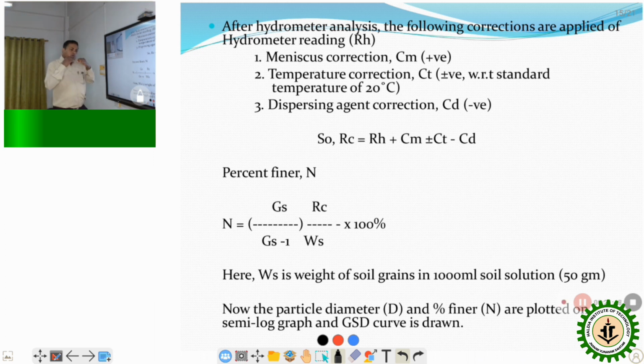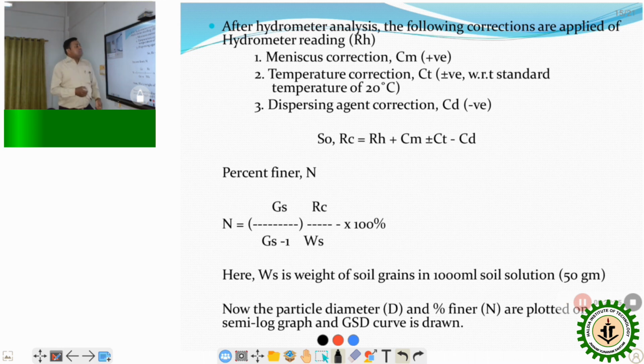So when the suspension level is touching the stem, a meniscus is formed. As your suspension is a heavy suspension, you cannot look inside the suspension. That means you cannot take the reading of the hydrometer by viewing inside the suspension. You have to take the upper meniscus, but the actual reading will be given by the lower meniscus. That's why we have to apply the meniscus correction, which is positive.